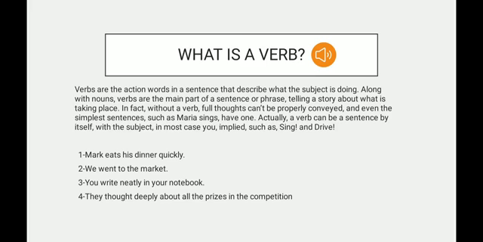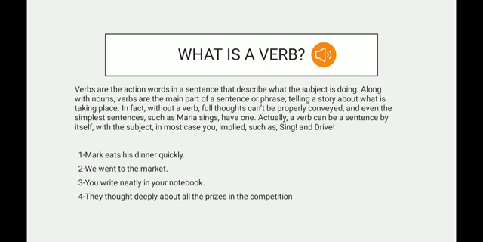Then we have: they thought deeply about all the prizes in the competition. You could have said they thought about all the prizes, but when you add deeply, you mean some deep action was taking place.